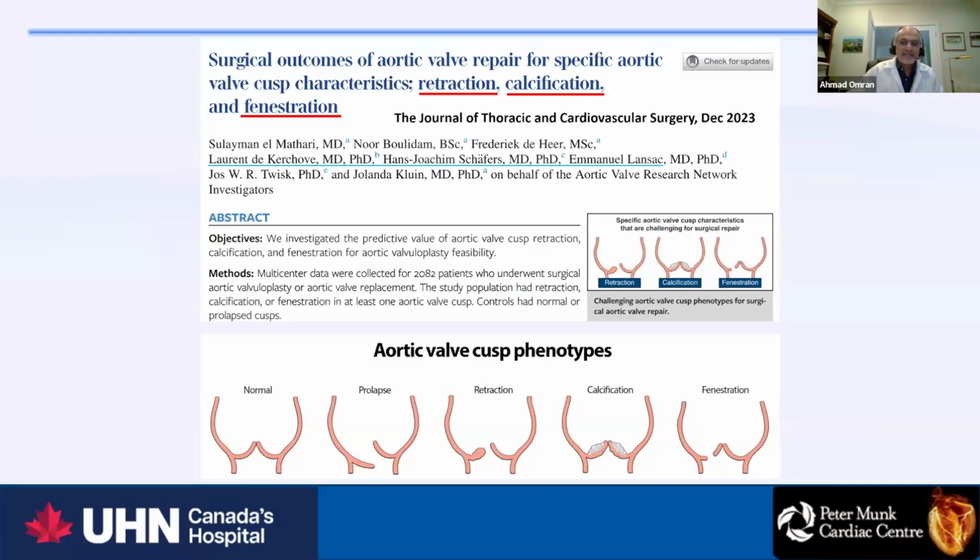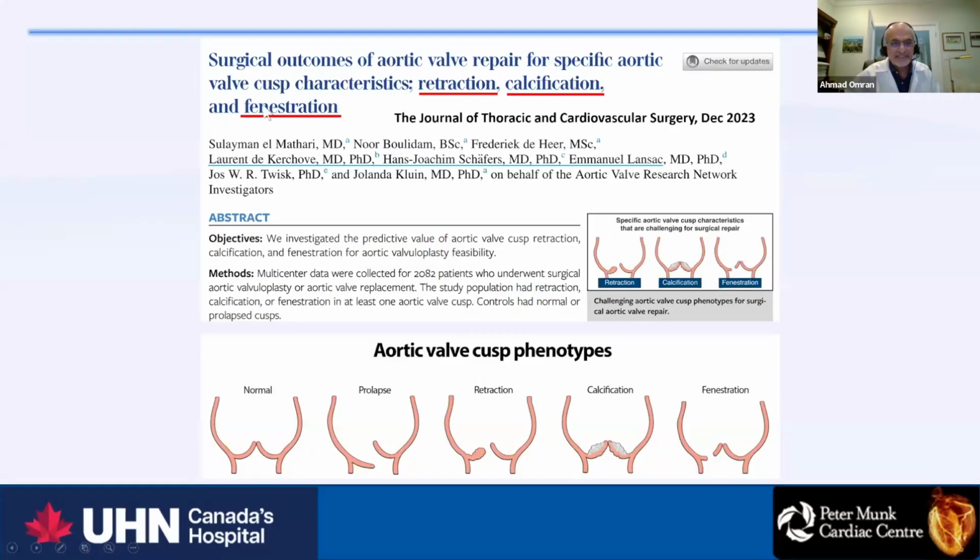They showed that if the valve has retraction or calcification or fenestration, it may be difficult to repair, but still in 90% of tri-leaflet aortic valves and 70% of bicuspid aortic valves, the valves are repairable and have good durability.